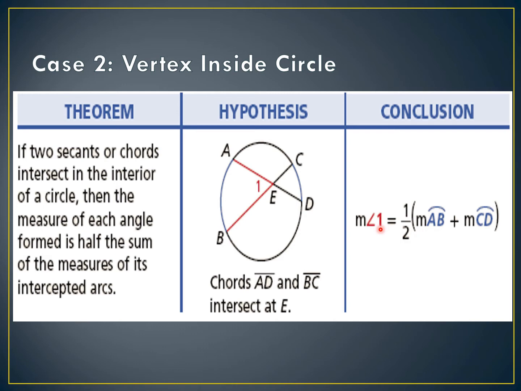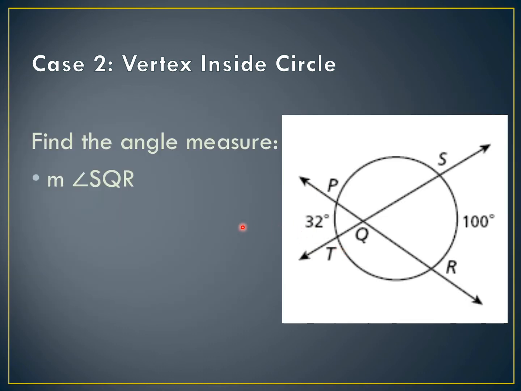Measurement of angle 1 is equal to 1/2 of yung sum ni arc AB at saka ni arc CD. I-add mo muna yung dalawang arc na yon and then divided by 2 para makuha yung angle na na-form inside the circle.